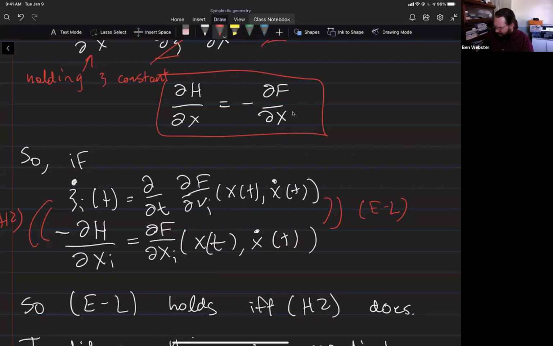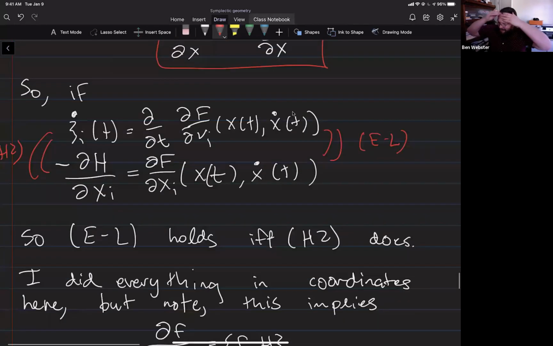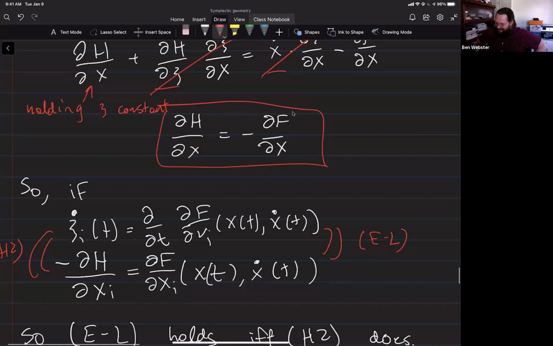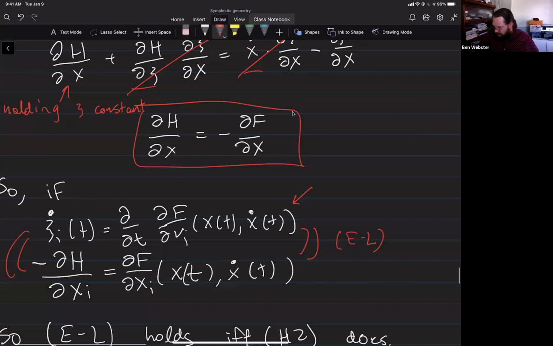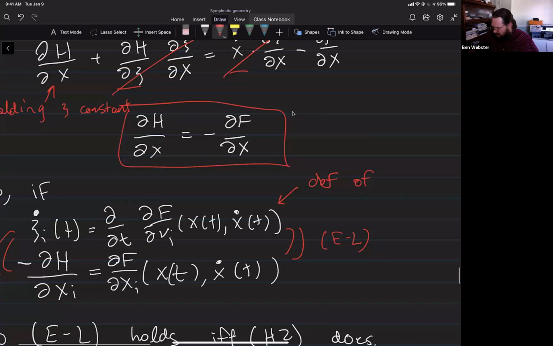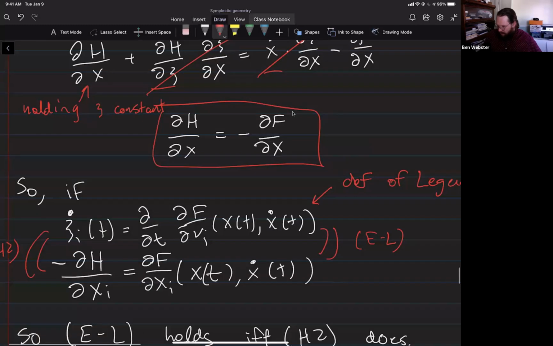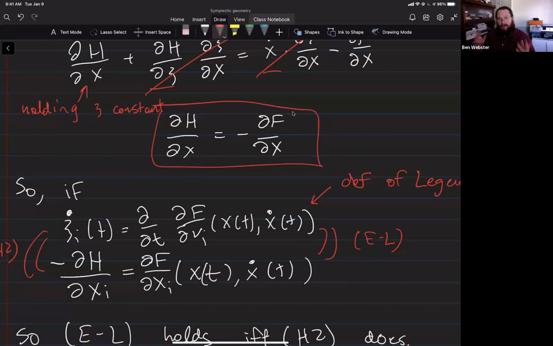And this equality, it's one of these things where you write something and then you're like, wait, what? Why is that right? But I think this is right. This top equation is just the definition of Legendre transform. So, right, you're taking the derivatives of the action functional along the fibers.